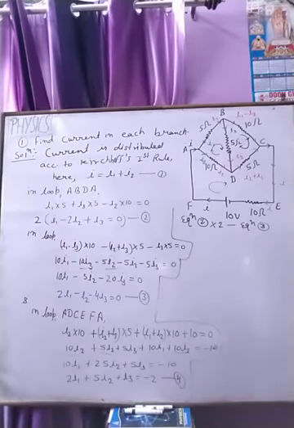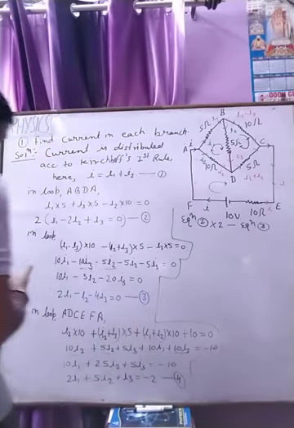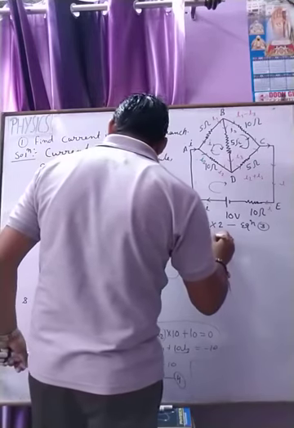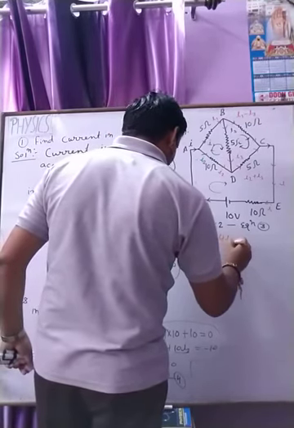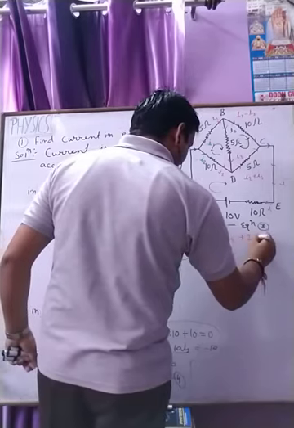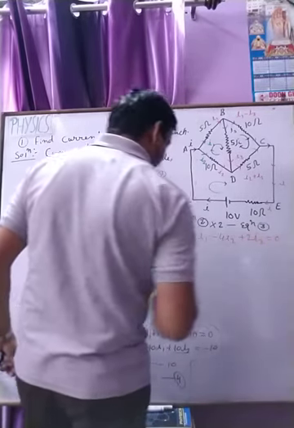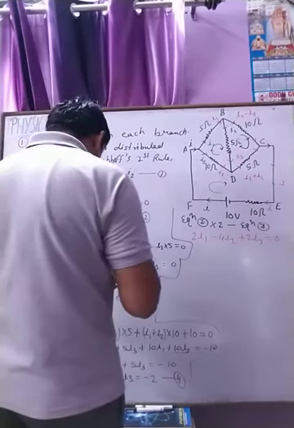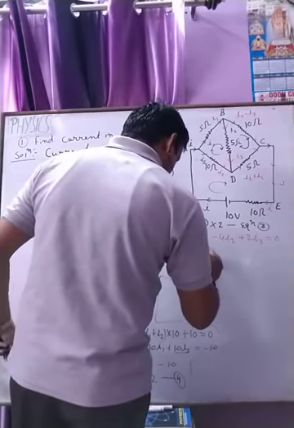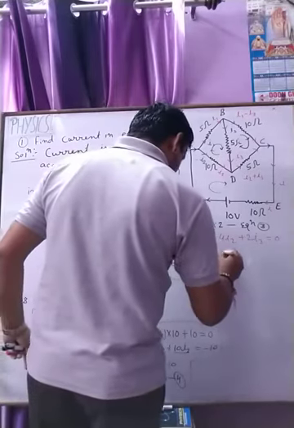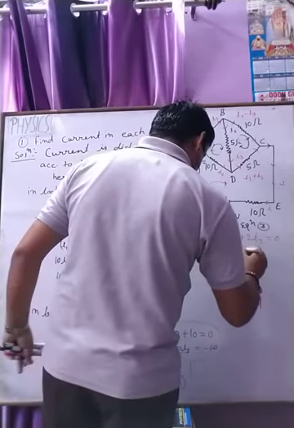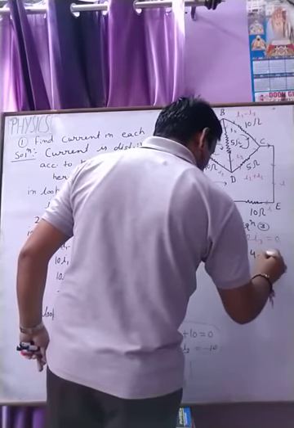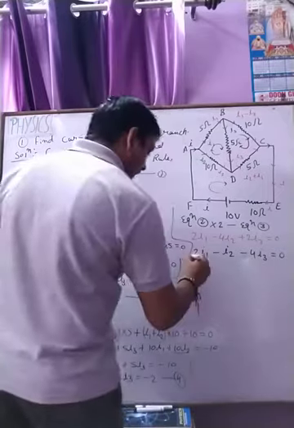We get 2I1 minus 4I2 plus 2I3 equal to 0, and 2I1 minus I2 minus 4I3 equal to 0.